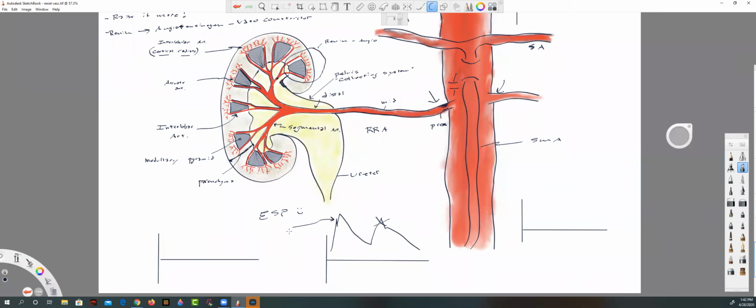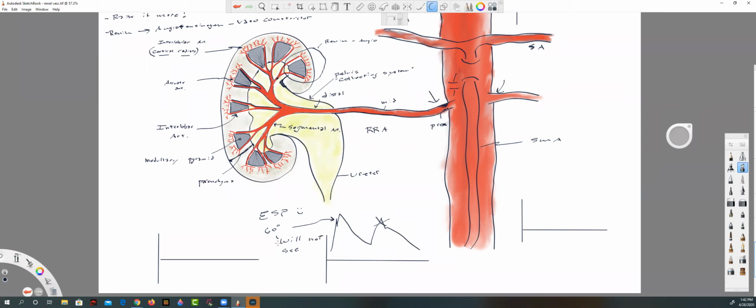You don't always get this. In fact, if you're at a 60-degree angle, you probably will not see the early systolic peak.